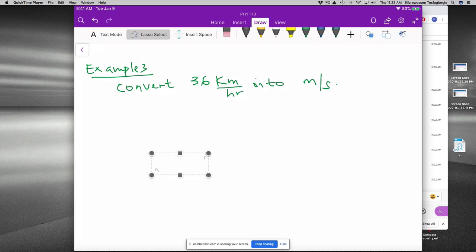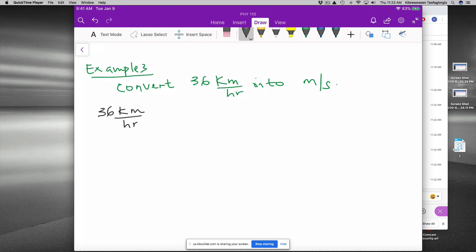The procedure is going to be the same approach you're going to use to solve the problem. So what you will do is, you have that 36 part, and first eliminate that kilometer part and replace it by meter. You have 36 kilometer over 1 hour.